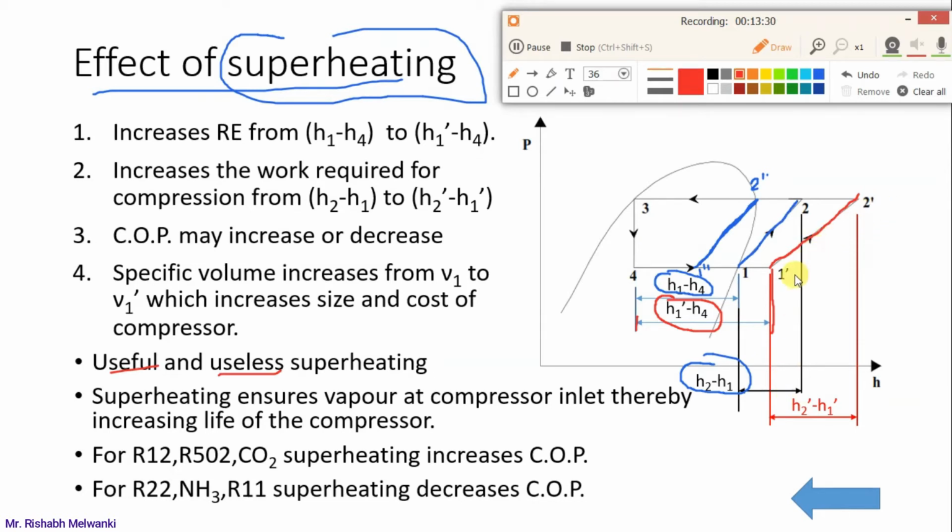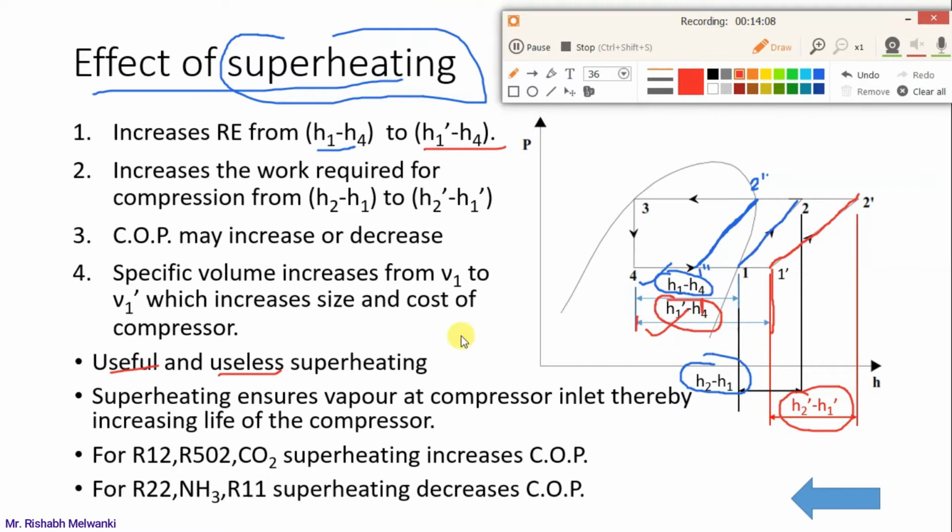H2 dash minus H1 dash. Now it is clearly visible that due to superheating at the inlet of the compressor, we are changing the point from 1 to 1 dash. In that case, the refrigerating effect is always going to increase, from H1 minus H4 to H1 dash minus H4.